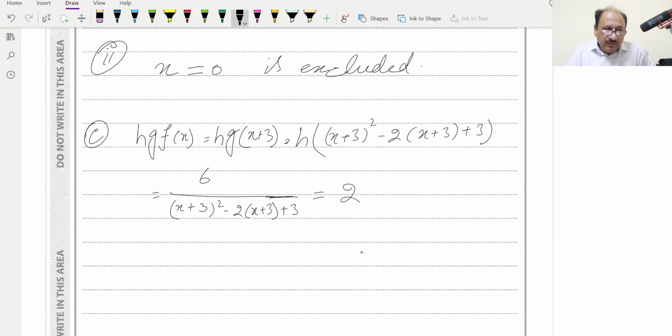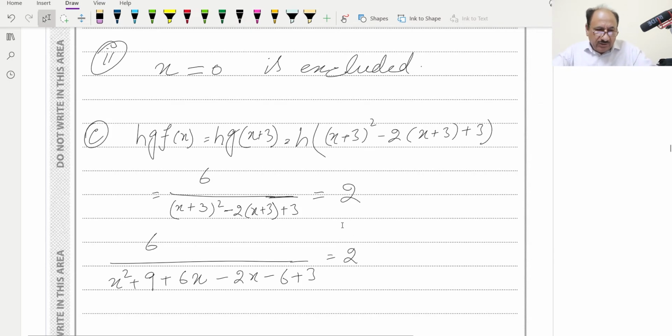Now we will open the square in the denominator, so we will get x squared plus 9, 3 squared will be 9, plus 2ab, which is 2 into 3 will be 6, and into x, and minus, we will open the bracket, so minus 2x and minus 6 plus 3, and this is equal to 2.